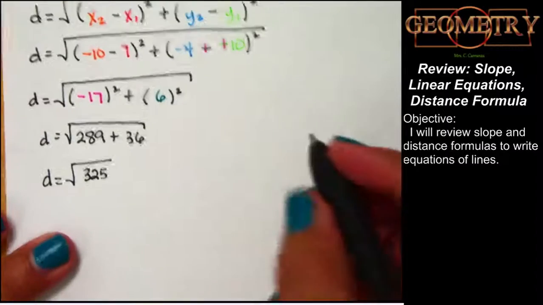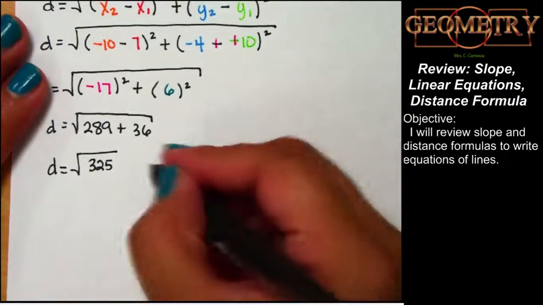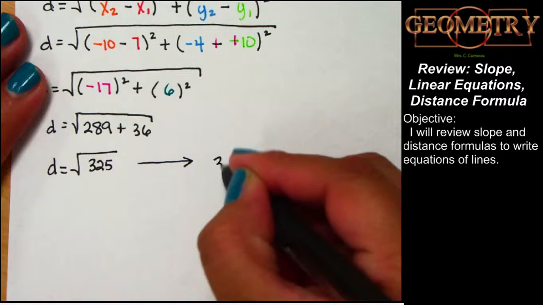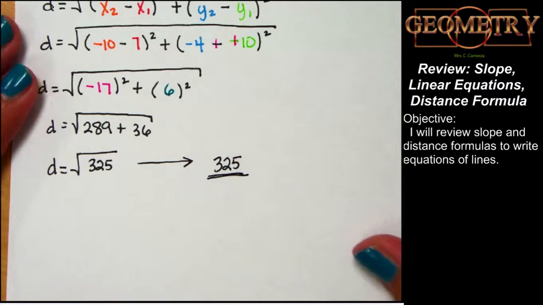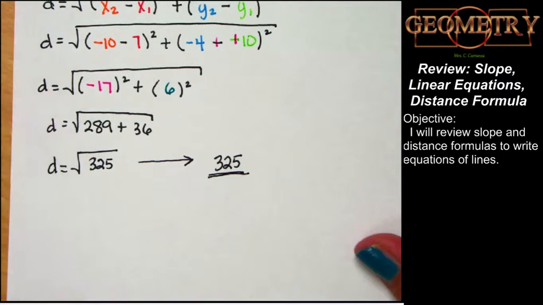To get that answer, we're going to take 325 and do a process called prime factorization. This is when we list out all the numbers that you need to multiply together to give me 325, but do it in such a way where each and every single one of those numbers can't be divided by anything else.